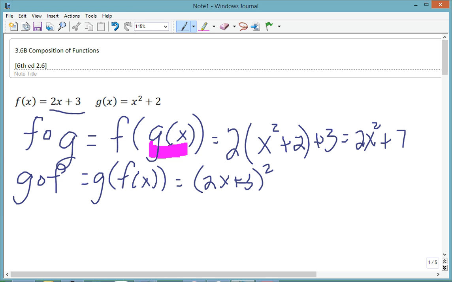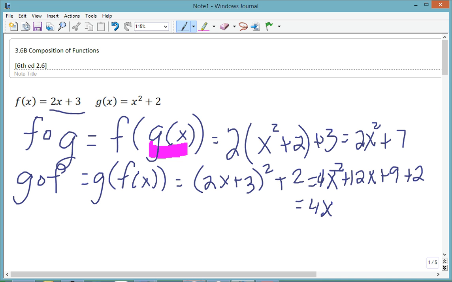So it doesn't turn out the same. I actually have to square this out: 2x plus 3 times 2x plus 3, so I get 4x squared, and then I get 6x plus another 6x, so that would be 12x plus 9 plus 2. So I end up with 4x squared plus 12x plus 11.